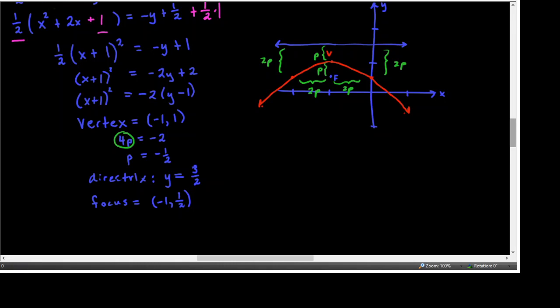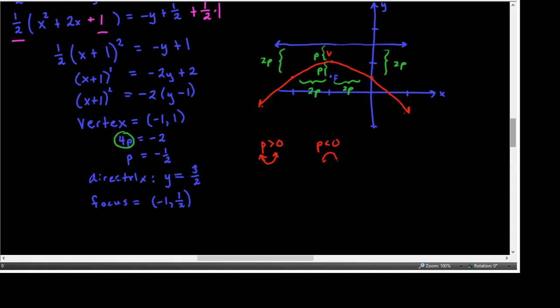A silly thing that I have said to classes before is that if p is positive and it's a function, that means it opens upward. And if p is negative and it's a function, that means it opens downward.